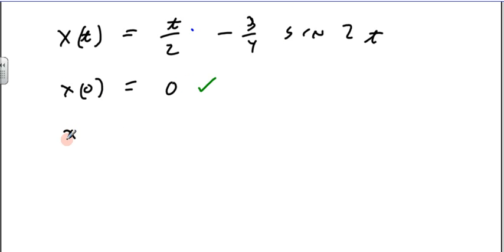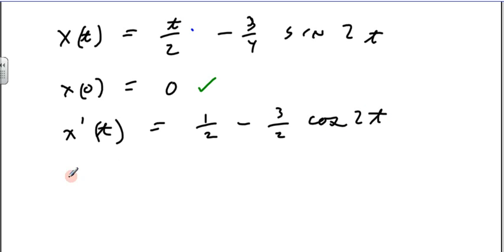And I look at x prime of t, and I get 1/2 minus 3/2 cosine 2t. The derivative of minus sine is going to be minus cosine. I look at x prime at 0, and I see that that's going to be minus 1. Check. So that's good.